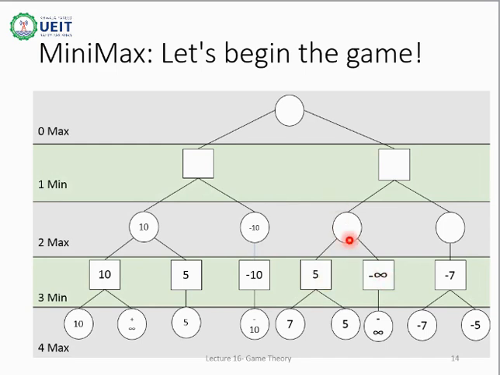Out of these two, we have to choose the maximum as we are in this max level. Thus 5 will get passed, and minus 7 is the only successor of this node, thus minus 7 will get passed to the parent node. Then again we have to choose minimum out of these two. Minus 10 will get passed, and out of these two, minus 7 will get passed.